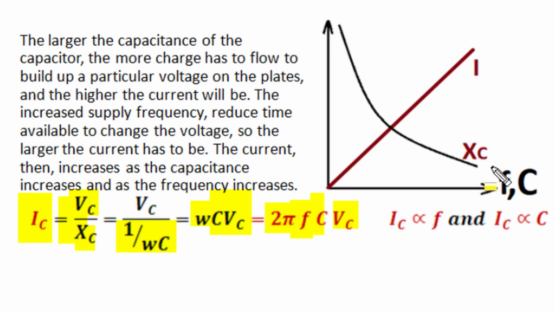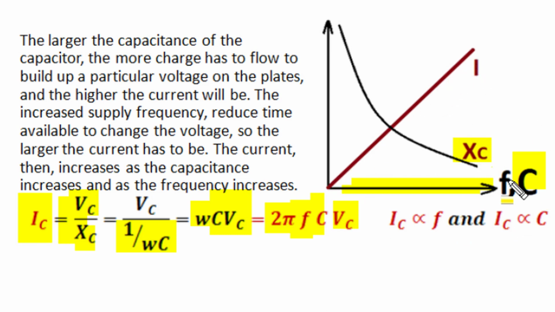and if we increase capacitance value in the circuit, higher capacitance means a higher amount of charge for the same voltage, and as voltage changes, a higher time rate of change of charge will take place, and higher dq by dt means a higher amount of current in the circuit. So as we increase capacitance value for fixed supply voltage magnitude, capacitive reactance decreases in a hyperbolic manner and current increases in a linear manner.